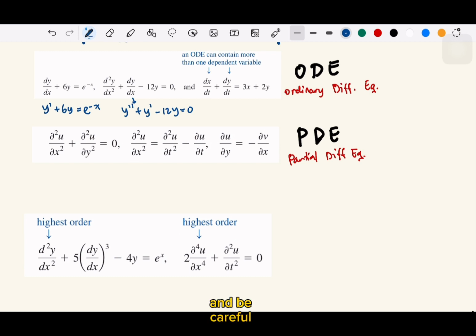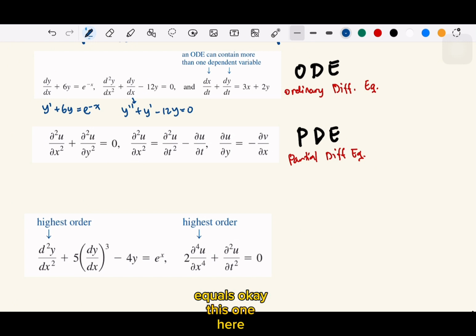And be careful. Sometimes when you deal with a differential equation, you make an error and take this 3 as your order. This is not an order. This is the cube, not the derivative. Be careful with that. The highest order here is the second. So we call this a second order differential equation.